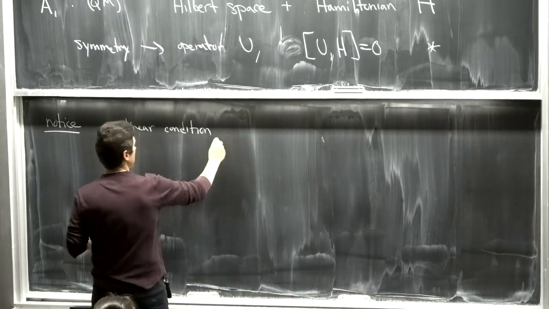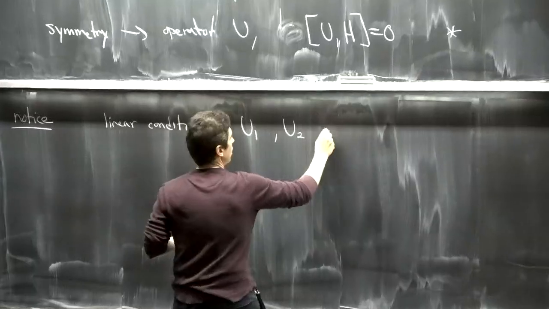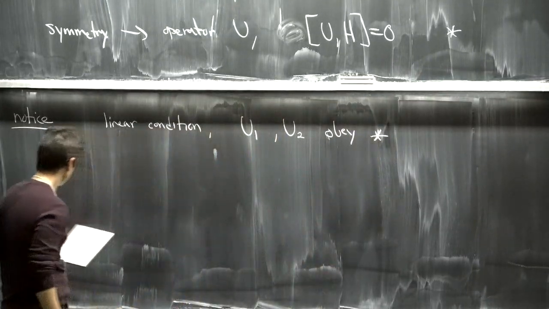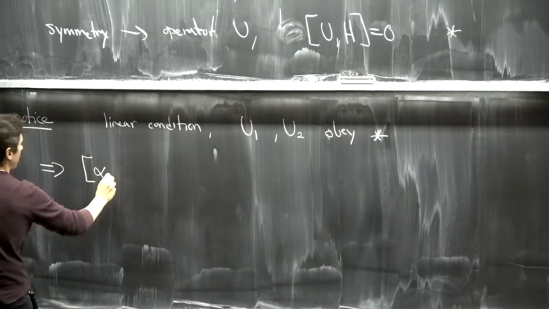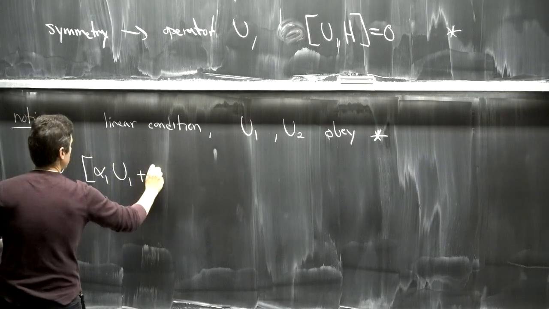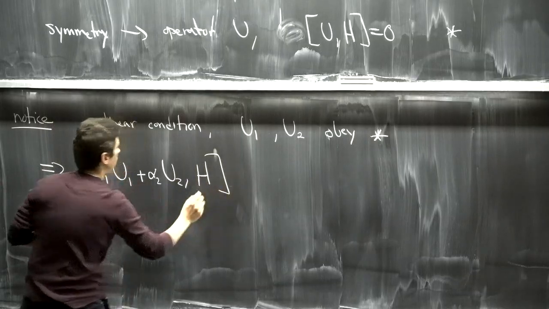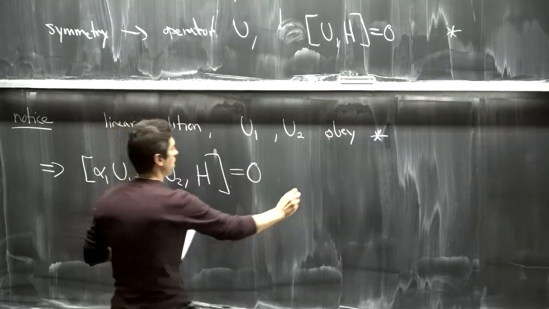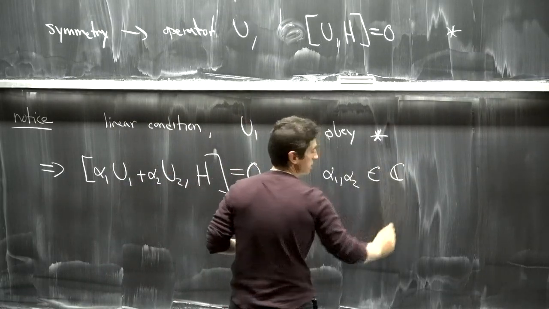What I mean is that if we have U1 and U2, and they obey that equation, then trivially alpha 1 U1 plus alpha 2 U2 also commutes with H, where alpha 1 and alpha 2 are any complex numbers.